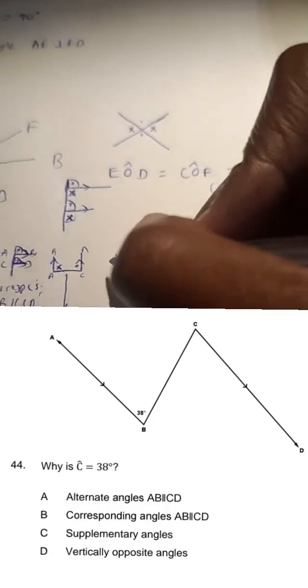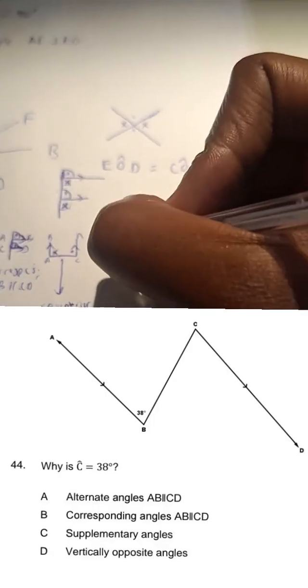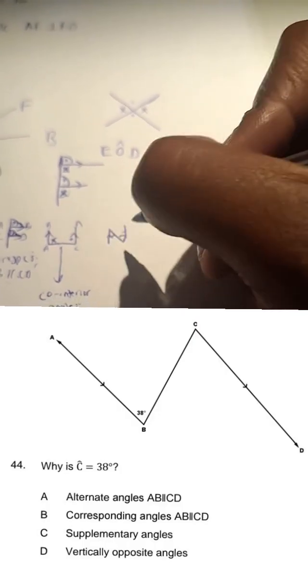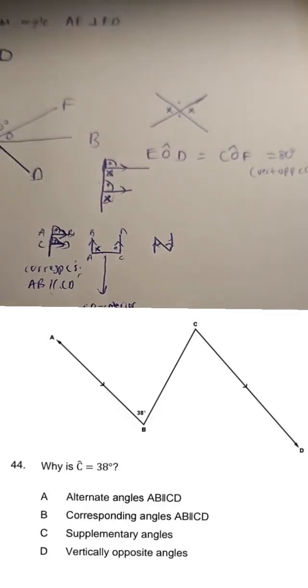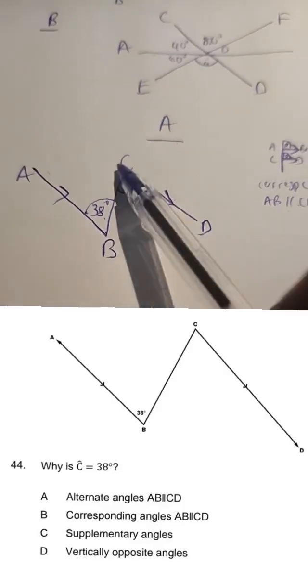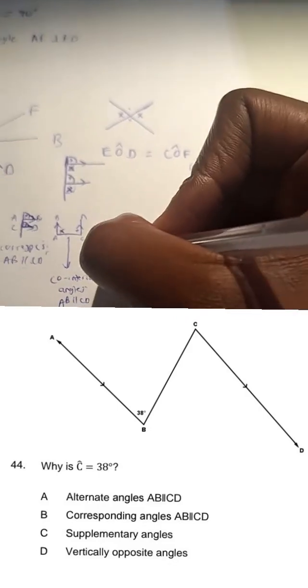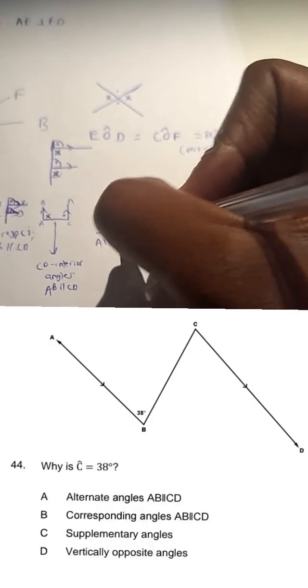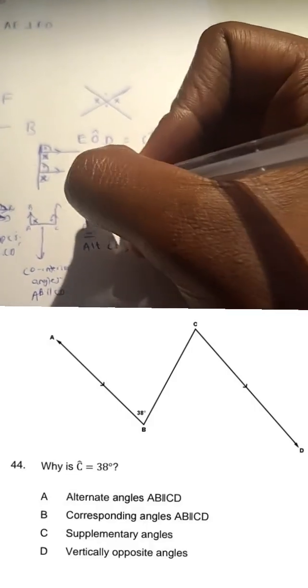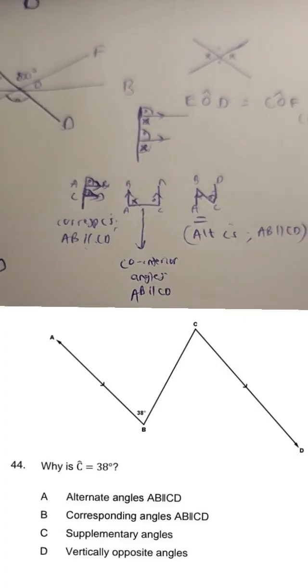Okay. Then lastly, we have the N or the Z shape. We call these angles alternate angles, and they are also equal. Whenever we use alternate angles, we make sure to also state the what? The parallel lines. That angle is equal to that angle for alternate angles.